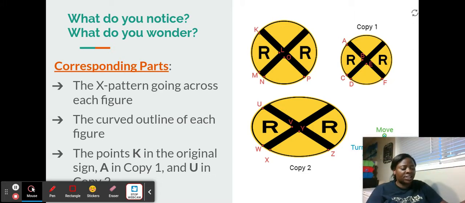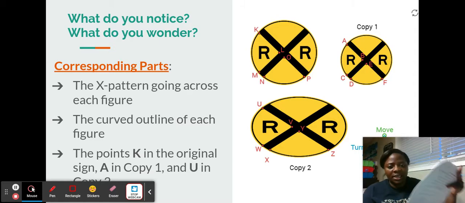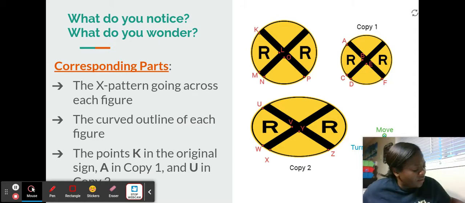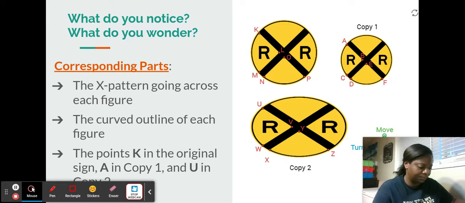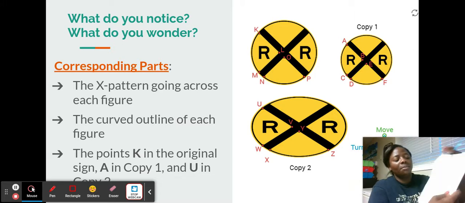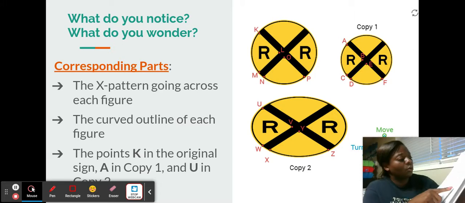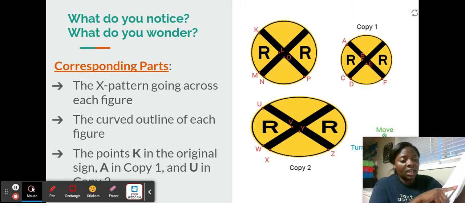The first one on your page says corresponding P. Well, what point would correspond with point P in the original? By now, my guess is somebody said point F in copy number 1.